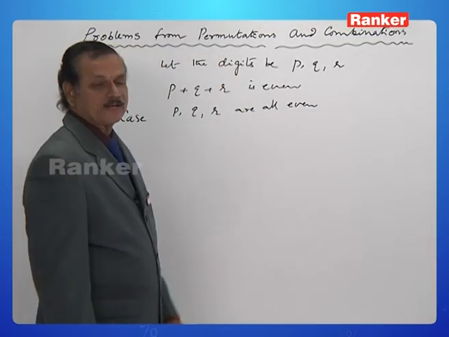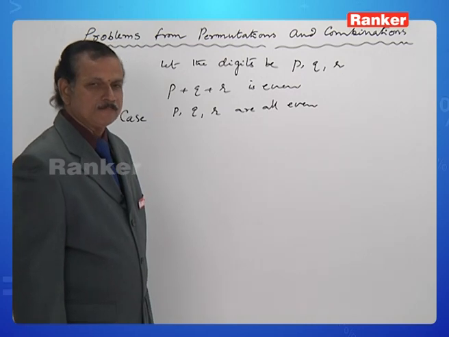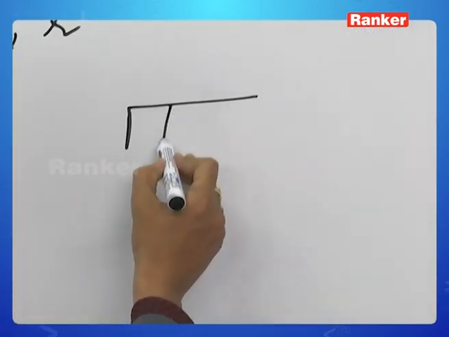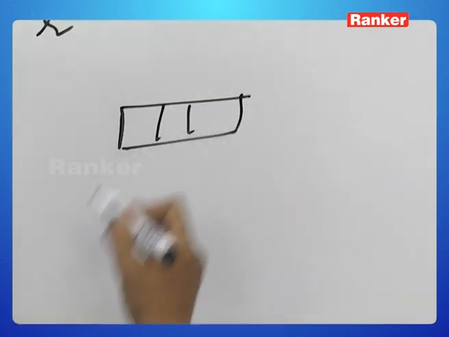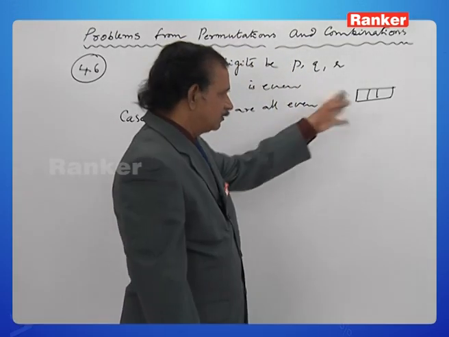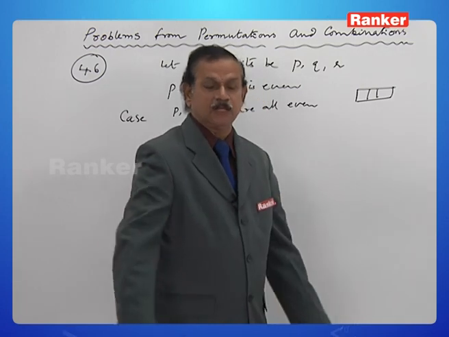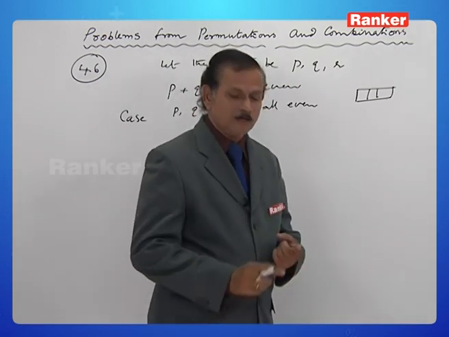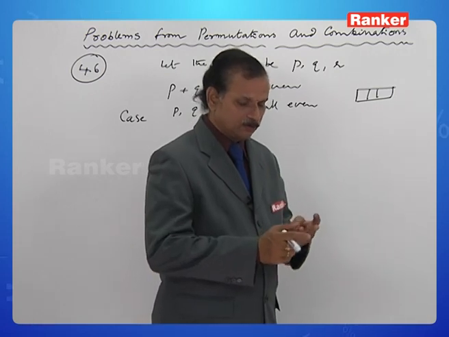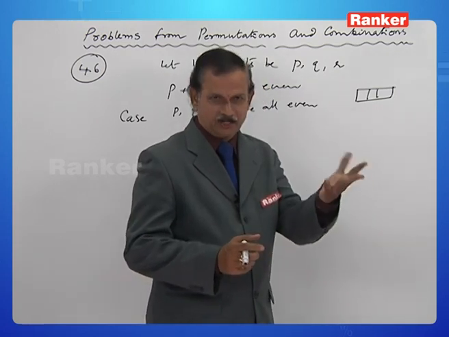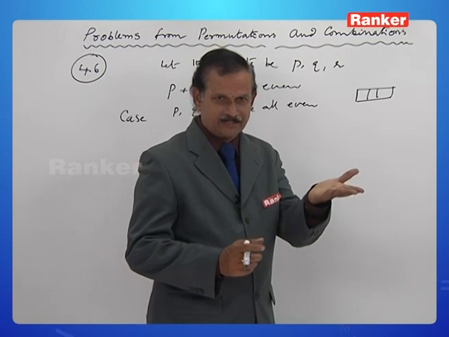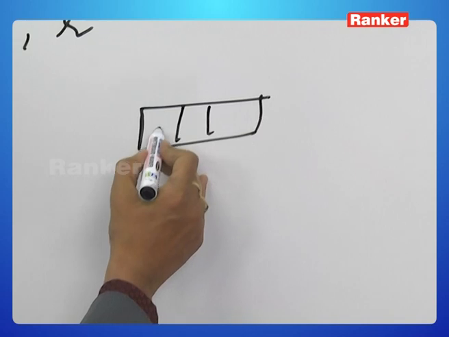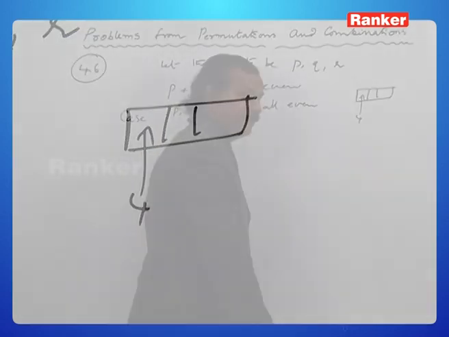With this constraint, how many numbers can be formed? Here, 3-digit numbers are to be formed. All the 3 places must be with even numbers only. What are the even digits available? 0, 2, 4, 6, 8. How many? 5 even digits are there. Out of those 5, the first place can be filled in 4 ways only. Why?